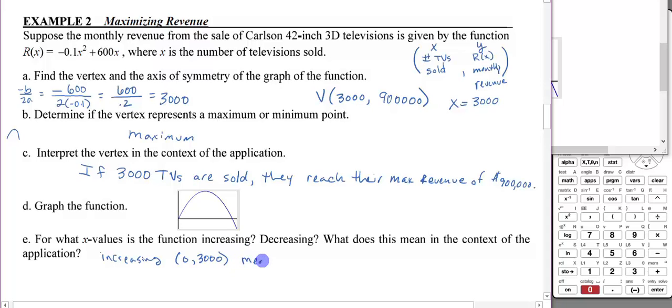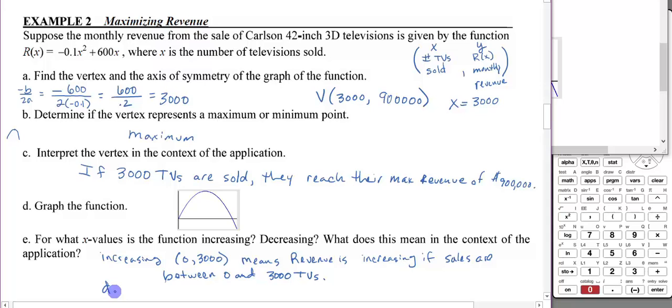And that means their revenue is increasing if the sales are between 0 and 3,000 televisions.